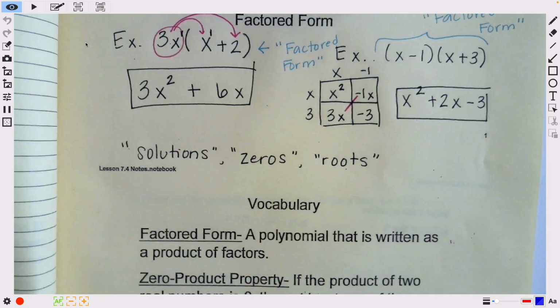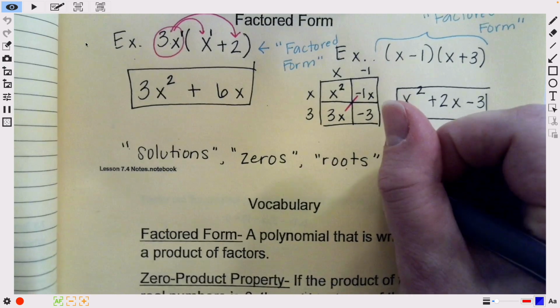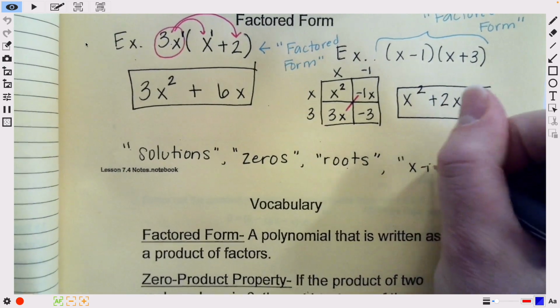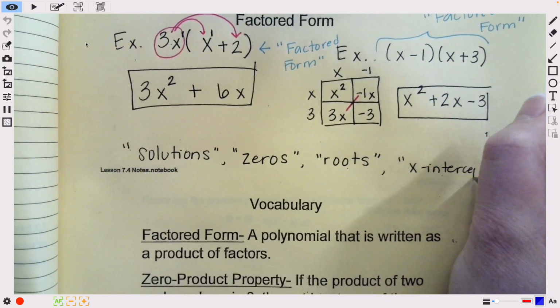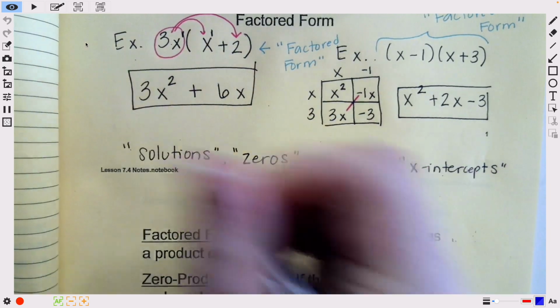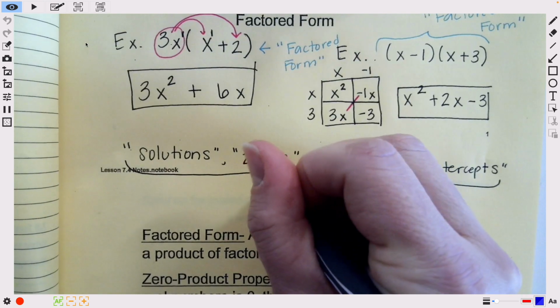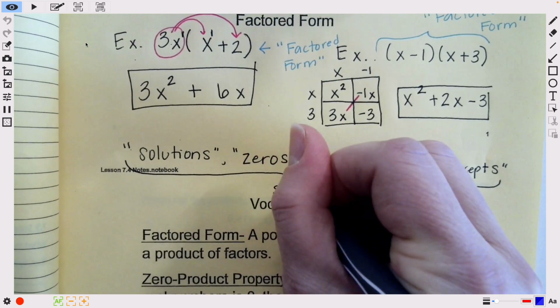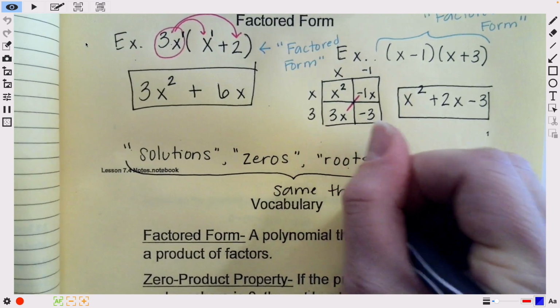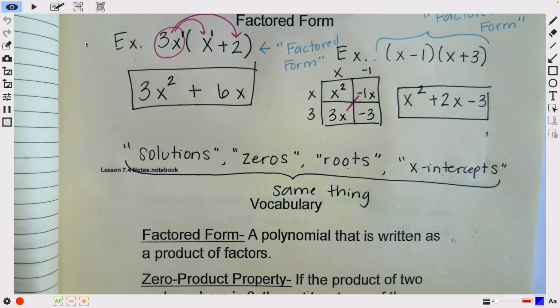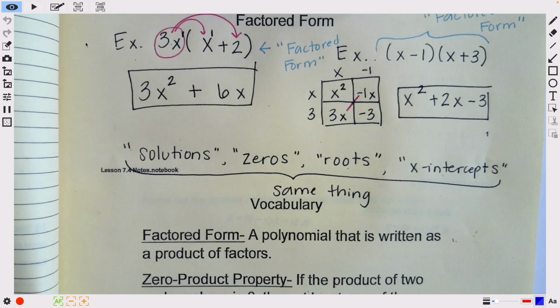The other one we're not going to see now, but we will see down the road, is x-intercepts. You don't really need to know specifics here, except that they're all kind of the same thing. They're not literally the same thing. There's a reason they have different words. But you're going to get directions that say, find the roots.